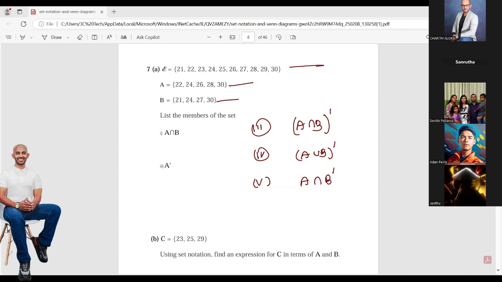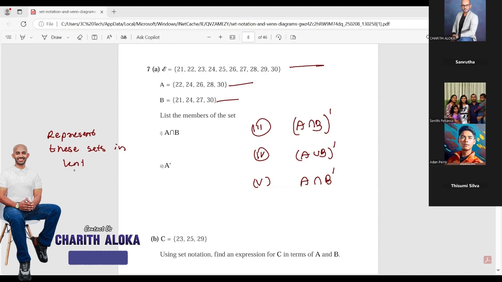After you do this, Putta, you have to represent these sets in the Venn diagram also. Venn diagram, separately.